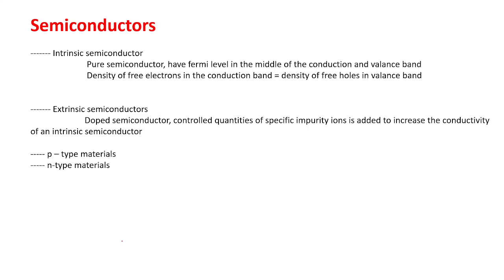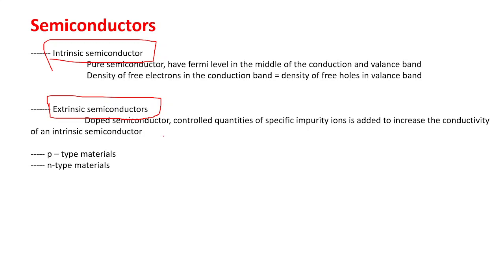If you talk about semiconductors, there are two terms: intrinsic semiconductors and extrinsic semiconductors. Like we discussed earlier, there are pure materials like silicon. These are single element materials, and these pure materials are known as intrinsic semiconductors. Intrinsic semiconductors have a Fermi level in the middle of the conduction and valence bands.